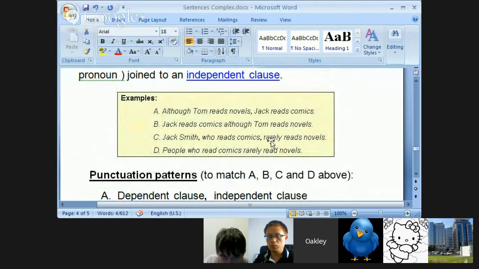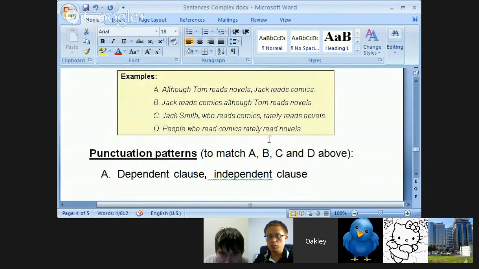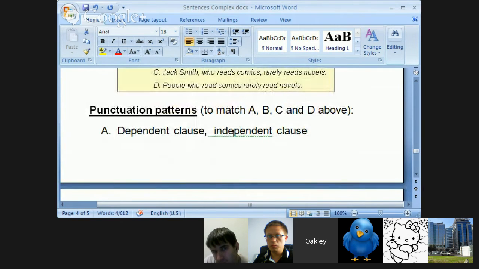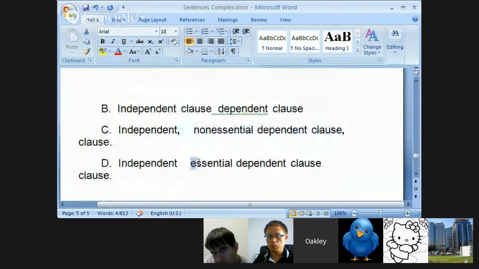The who reads comics is simply extra information. In D, people who read comics rarely read novels. Well, the who read comics is an essential dependent clause.